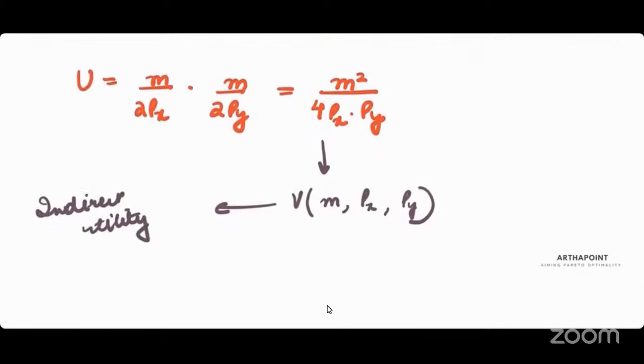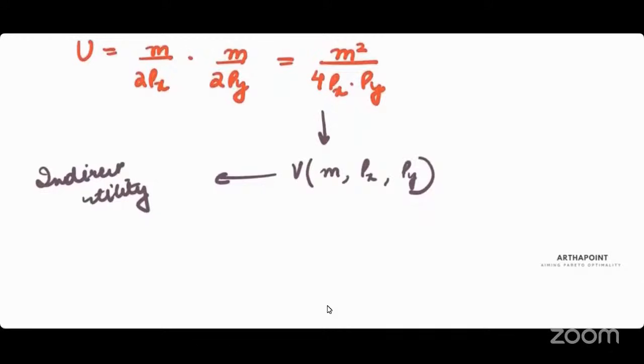So the indirect utility function is basically a utility function which is a function of income and prices. Ideally, what is this saying? I found the x star and y star that maximize my utility, and I have plugged those best values into the utility function.